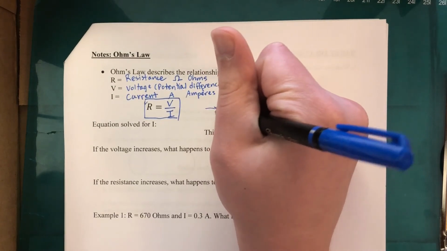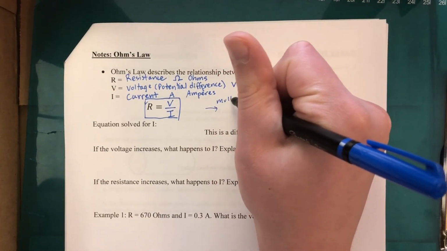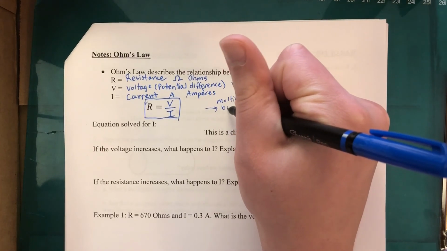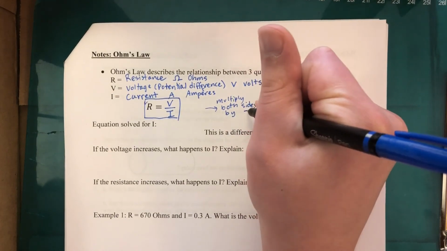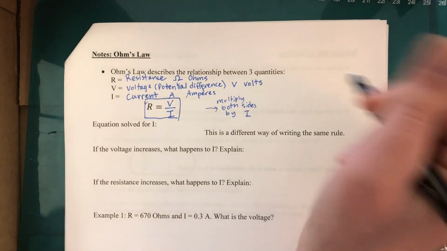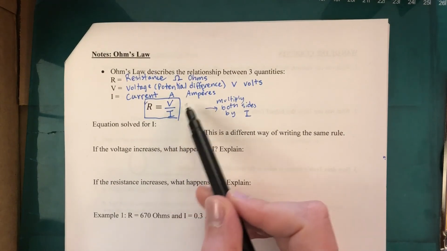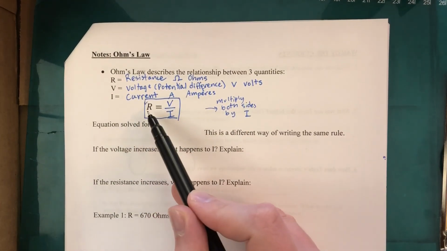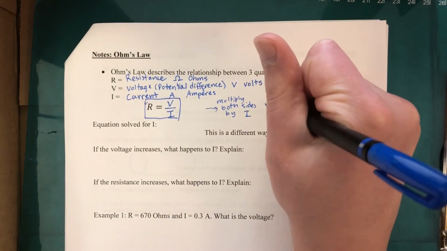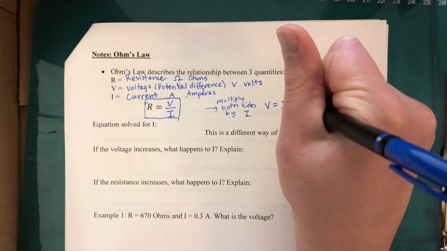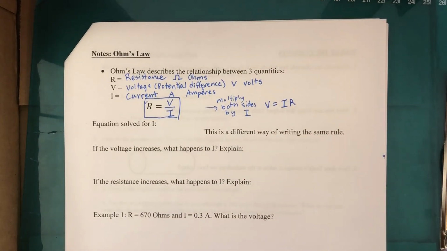So one thing you could do is multiply both sides by I, and if you did that, the I's would cancel out on one side, and you would end up with V equals I R. This is probably the most common way that this formula gets written, and maybe that's because there's no division in it.